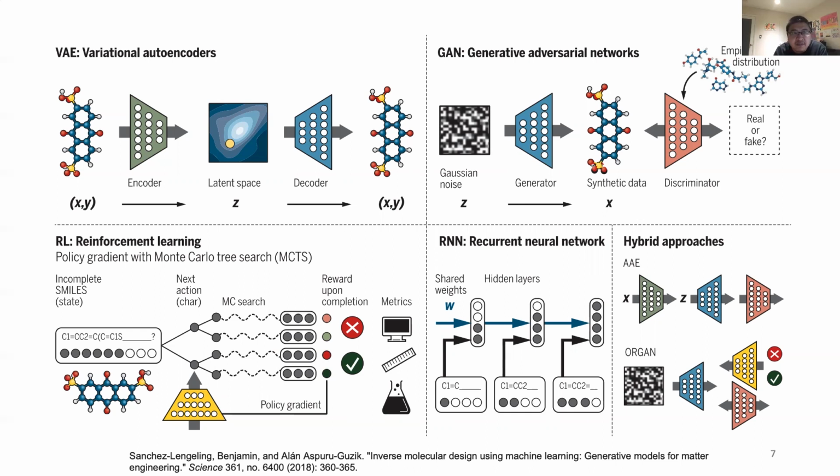Reinforcement learning is more of a greedy process, and sometimes it can generate super long chains, which don't look like drugs. And RNN stands for recurrent neural network, processing sequence-based structure like the SMILES code, and some people also use RNN plus graph structure for molecule design, and they are hybrid approaches.